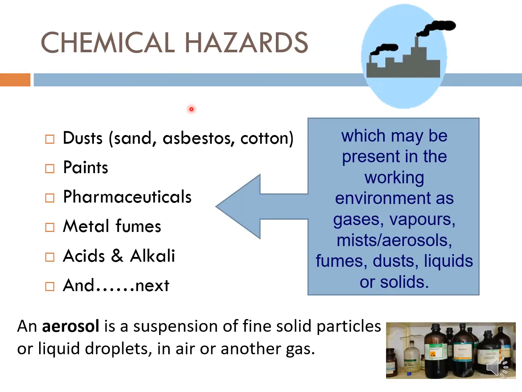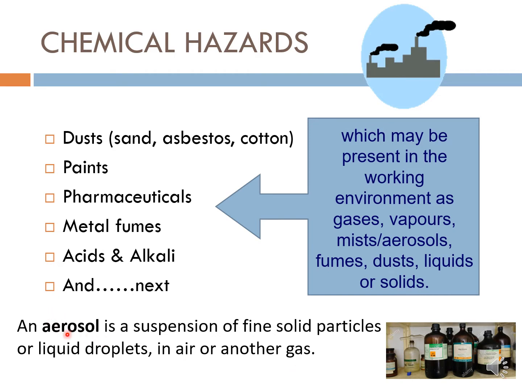In the case of chemical hazards, which may be present in the working environment: gases, vapors, mist, aerosol, fume, dust, liquids. All these come under chemical hazards. Aerosol is very sensitive because it's a suspension of fine solid particles or liquid droplets in air and other gases.